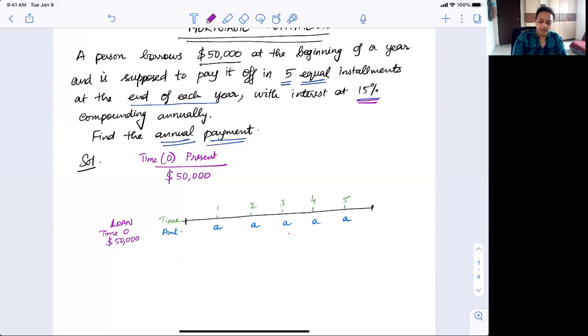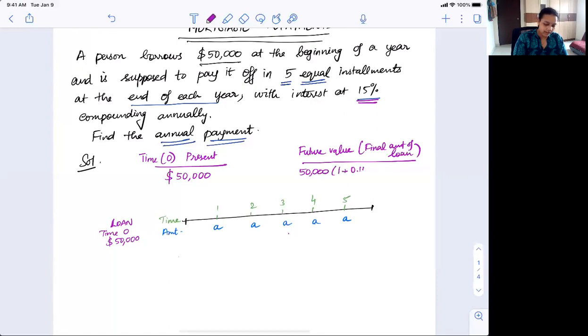Yes, we can. So the future value, or the final amount of the loan, is nothing but this $50,000 times 1 plus 0.15 to the power 5.